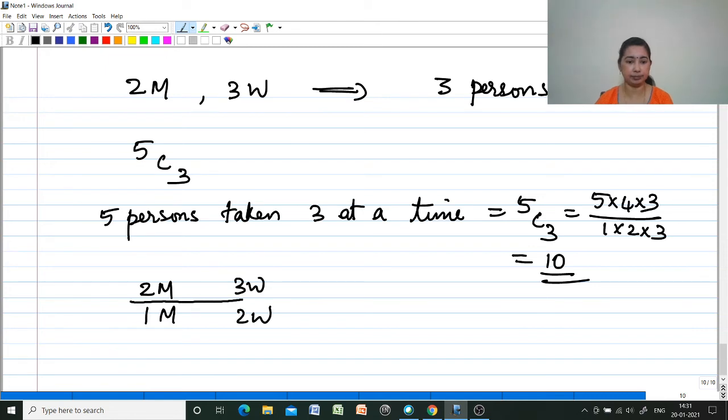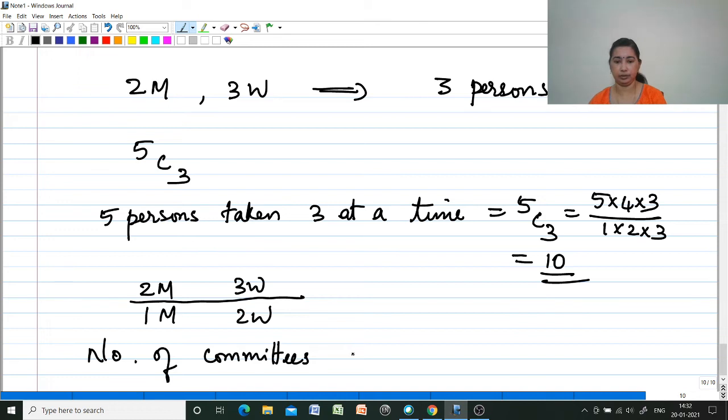So from two men we can select one. So number of committees is equal to 2C1. From 2 men we are selecting 1, into from 3 women we are selecting 2.